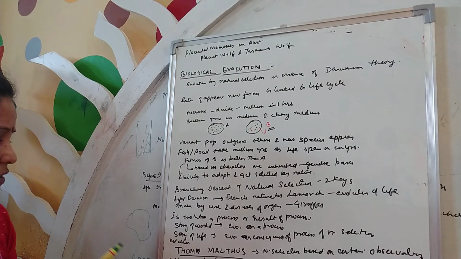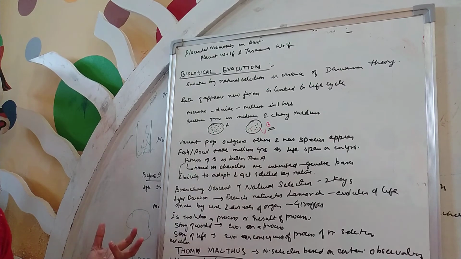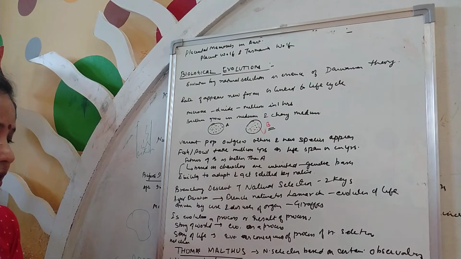Okay, so it's a debate, but Thomas Malthus said that natural selection is based on certain observations. Whatever selection is occurring, survival of the fittest and all, the observation which he found was factual. He said that natural resources in a particular area on the earth are limited, and the population size is stable.